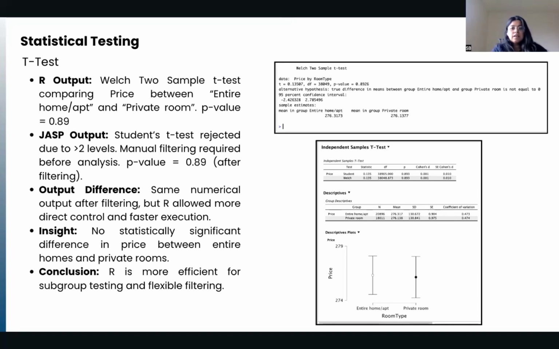Whereas in JASP, I had to first filter because I had many pre-existing subgroups, and JASP only allows two subgroups. The output was quite similar, but the process took more steps in JASP. Both tools gave me the same statistical result, but R was quicker and more efficient.